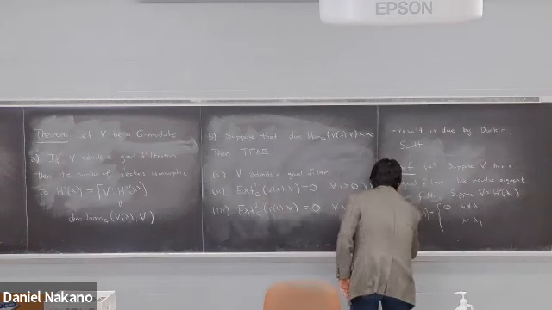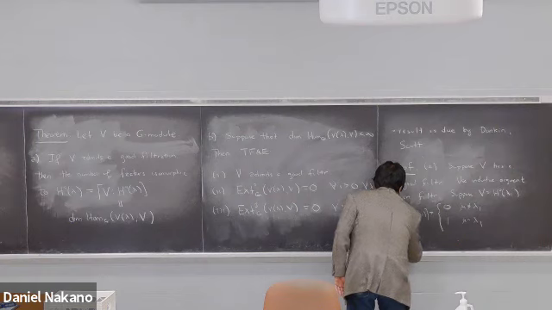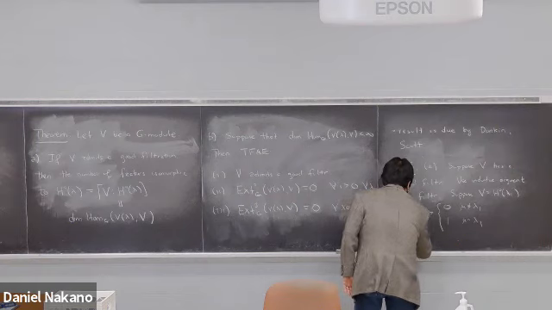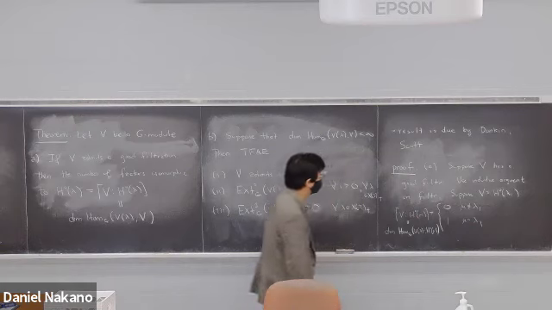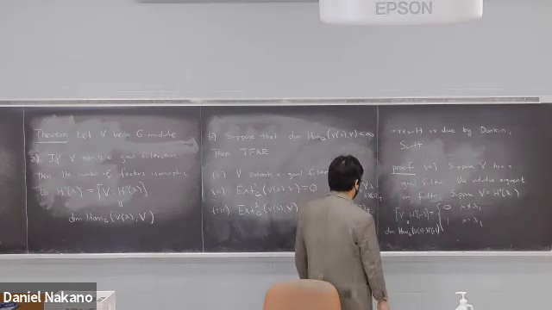So this is just going to be the dimension of Hom_G of V with H0.